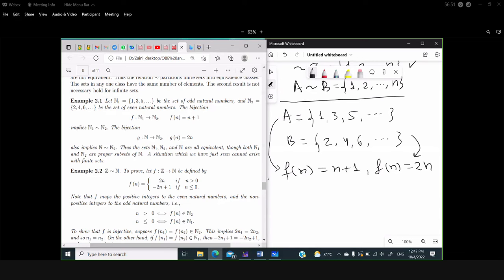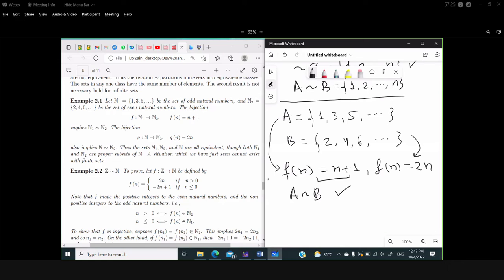Here they are trying to show A and B are equivalent under this function. Take any element of A, for example 1: I add 1, I get 2. Take 5: I add 1, I get 6. So using this function, which is bijective, we can show that A and B are equivalent sets.